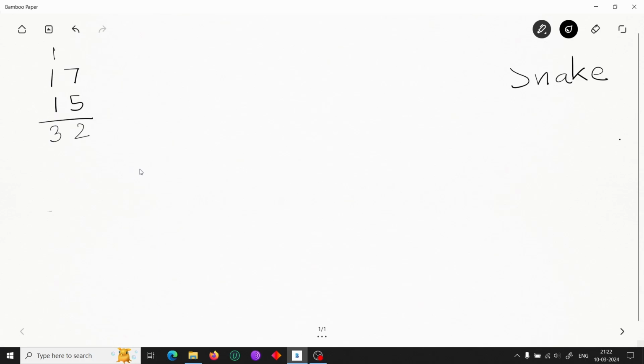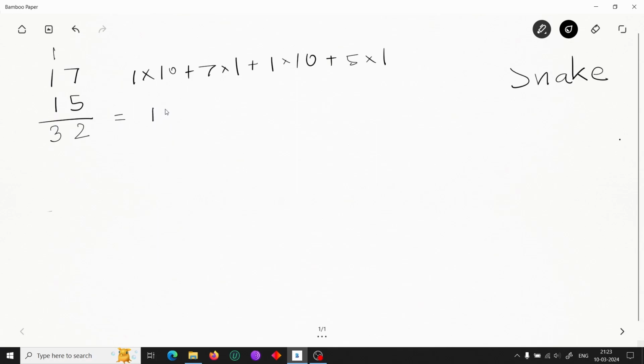Let's do the same thing as we did before. Let's expand both numbers: 1 times 10 plus 7 times 1, that is 17, and for 15 we get 1 times 10 plus 5 times 1. Now we are going to take the tens and the ones common.